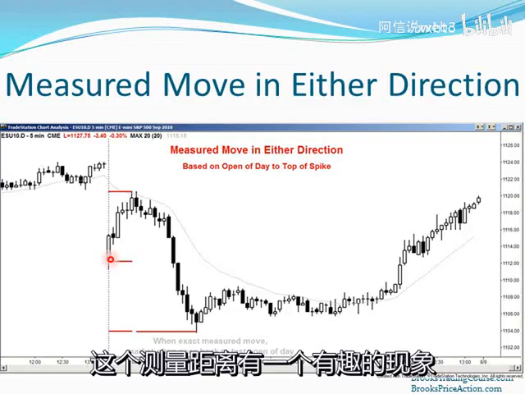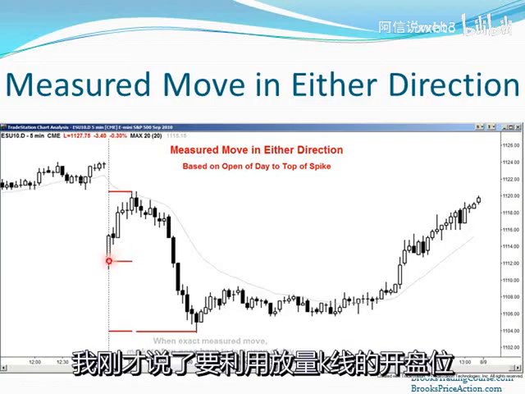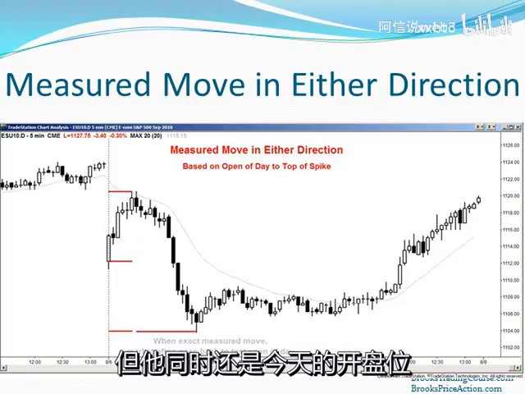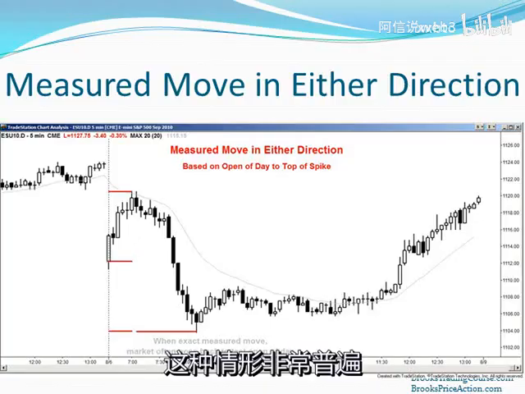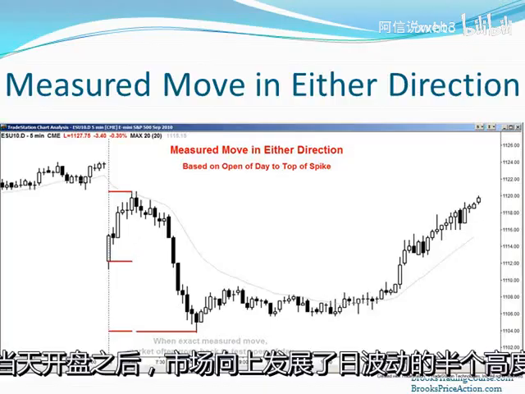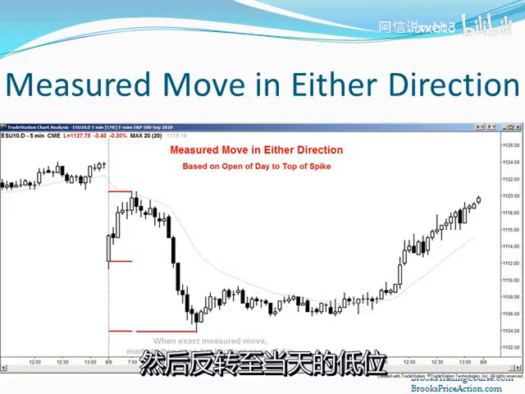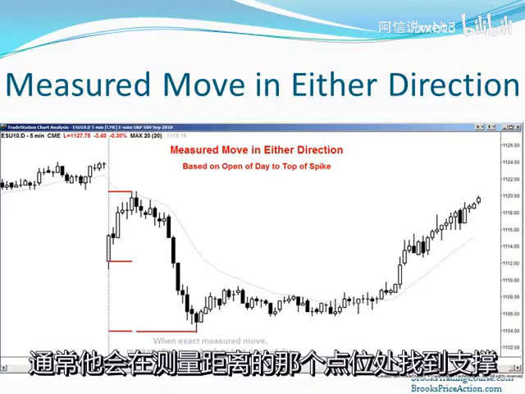There's something interesting about this measured move. I said use the open of the spike. This is also the open of the day, and this is a fairly common situation where you have an open of the day, and then the market goes up for about half of an average daily range. It then reverses through the low of the day, and it very often then finds support at exactly a measured move in the opposite direction.